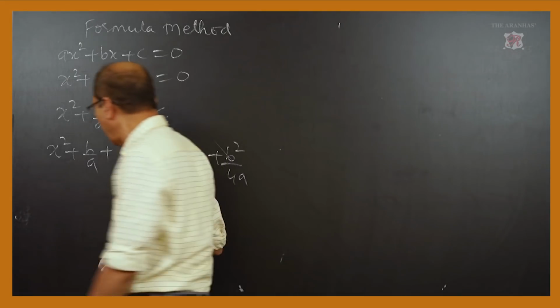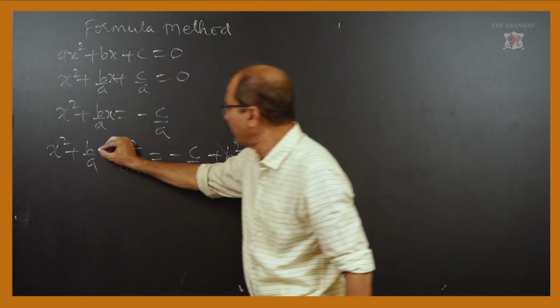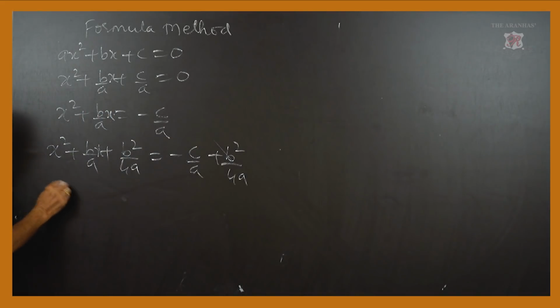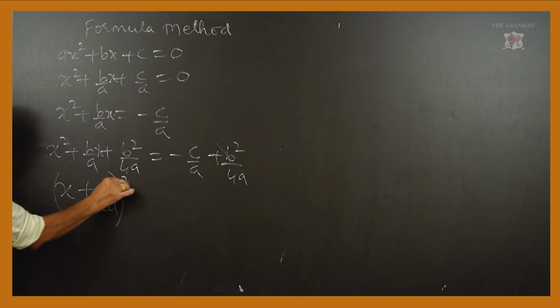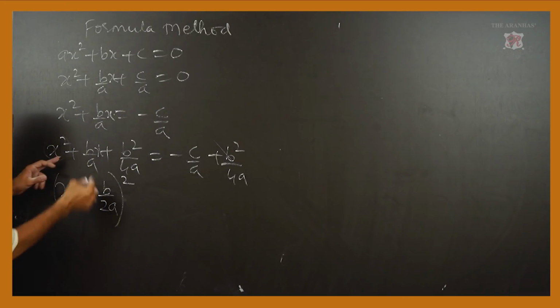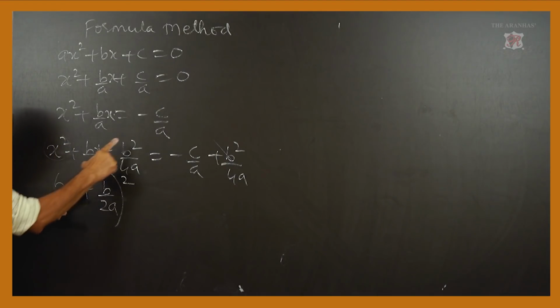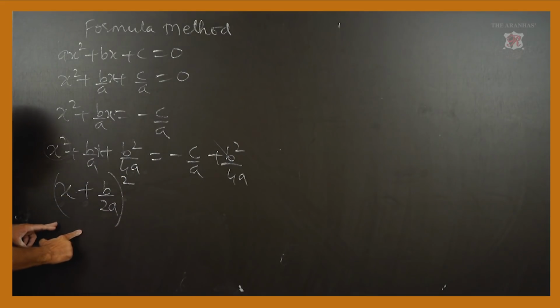Now, again this is the expansion of which binomial? It is the expansion of the binomial x plus b upon 2a bracket square. I repeat again, see how to find the binomial: the root of x square is x, plus sign is there, so put plus sign. The root of b square upon 4a square is b upon 2a, the entire bracket square.